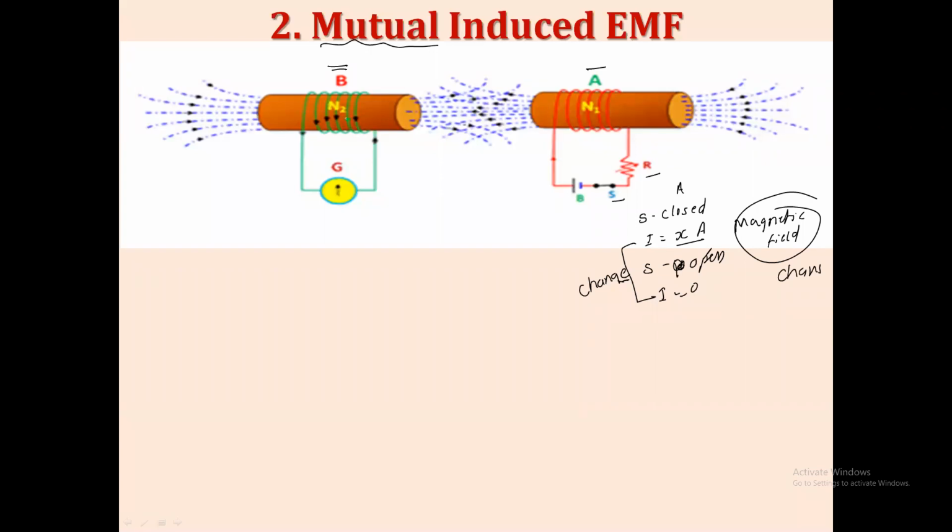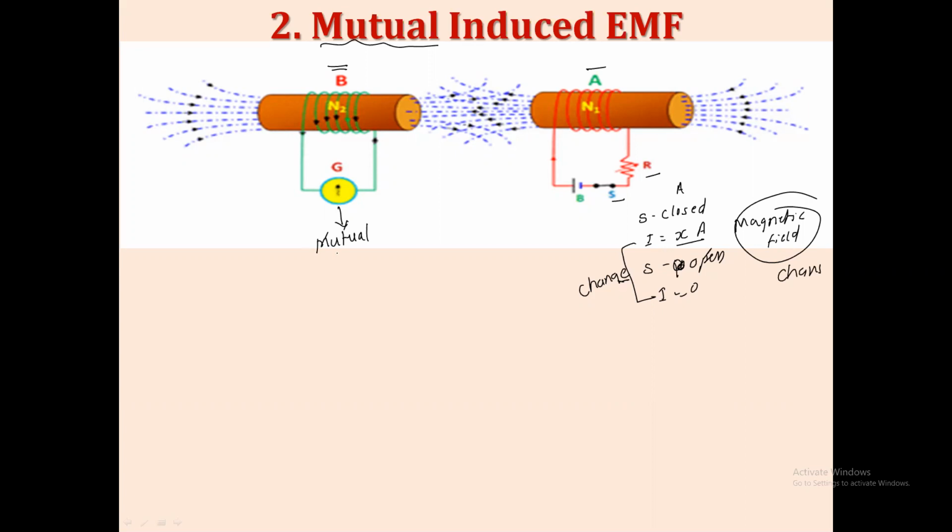Do you agree with me? Yes or no? Yes, sir. When change in magnetic field links with coil B, according to Faraday's law, EMF is induced in that coil B, and this induced EMF is called mutual induced EMF.